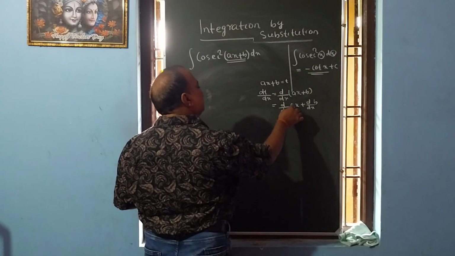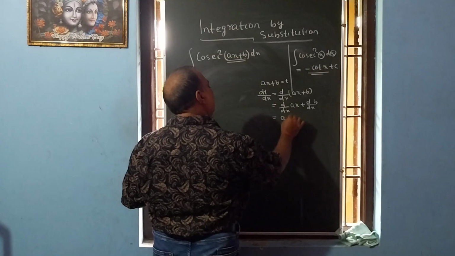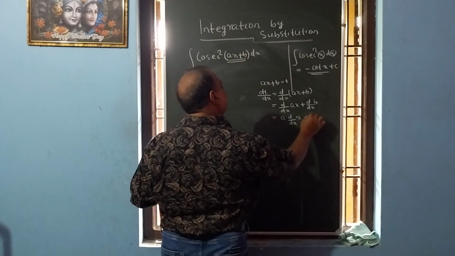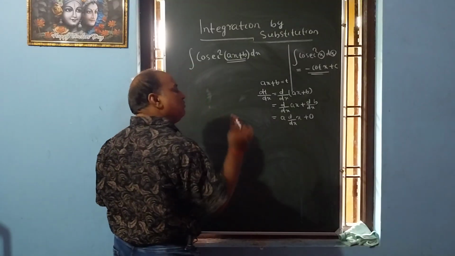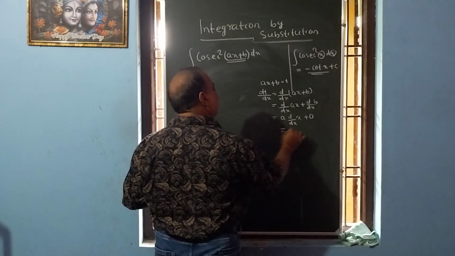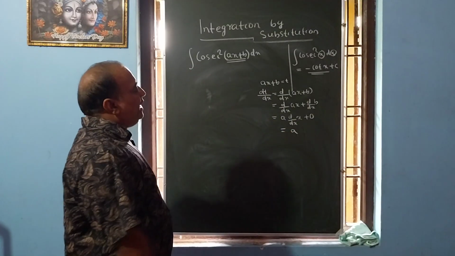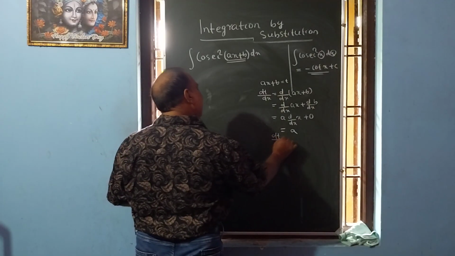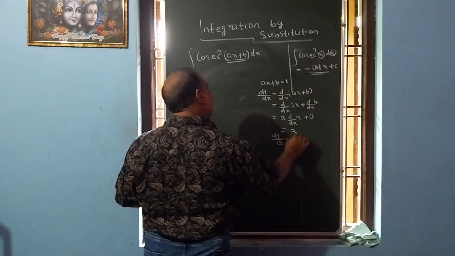Here a is a constant that will come outside. We get a times d by dx of x plus 0. The derivative of x is 1, so we get a. So dt by a is equal to dx.